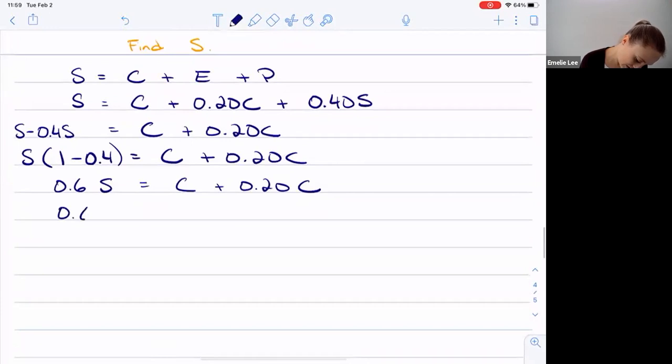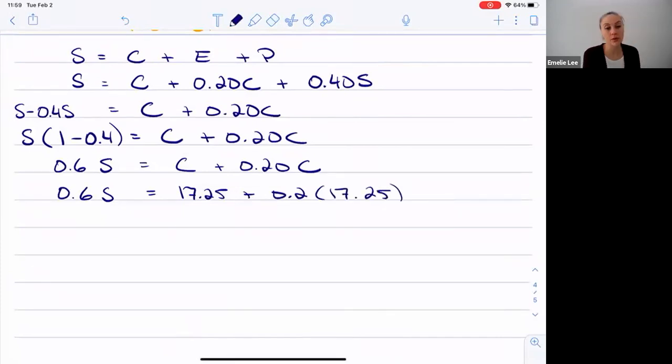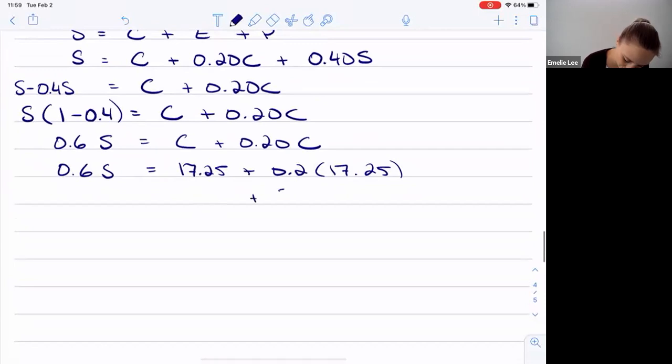So I have 0.6S is 1725 plus 0.2 times 1725. 0.2 times 1725 is 345. There.